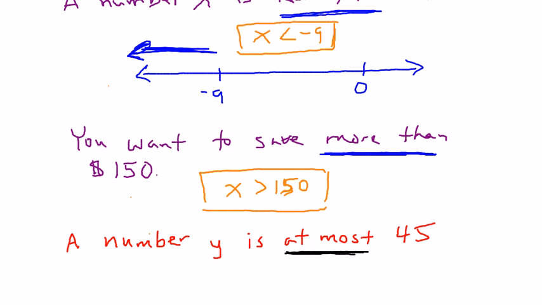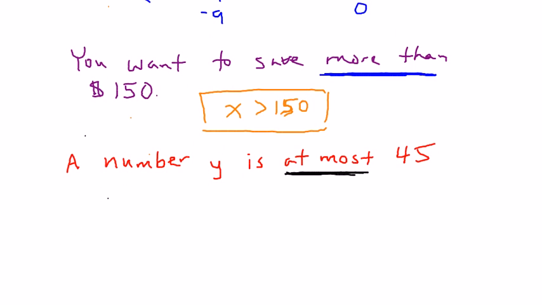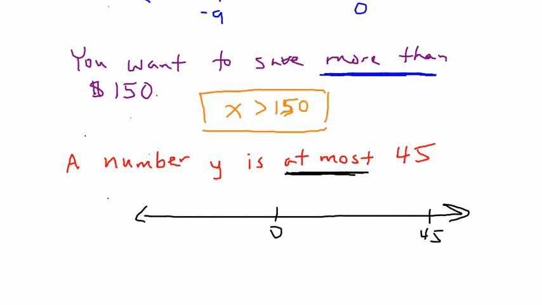Well, let's think about this. If this is our number line, and if this is 0, let's say this is 45, right? And of course we have a bunch of other numbers in between. But let's say that this is 45, and our number y is at most 45.